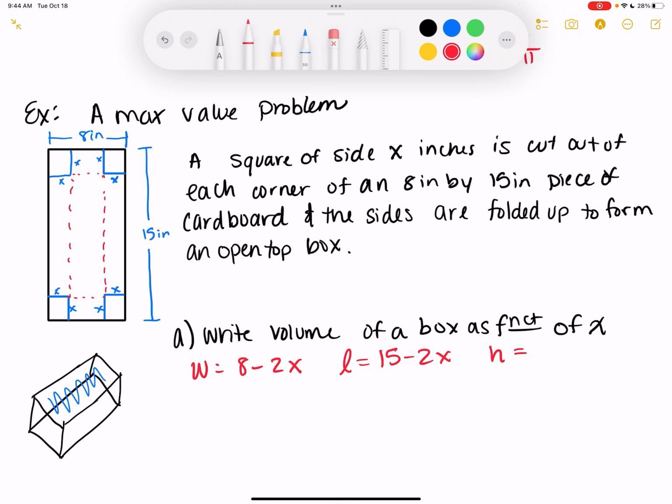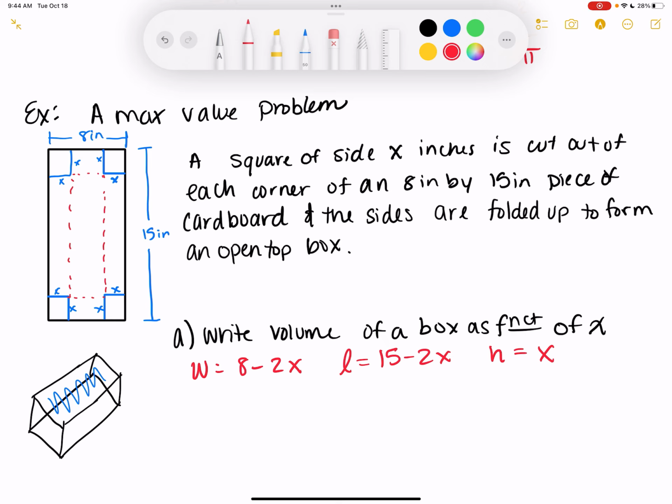Fifteen minus 2. What'd you say, Christian? There's only one of them. What is this length right here? X. Oh yeah! Look! The box is getting folded up. Wait. So the height has to be whatever it was that we cut out of it.